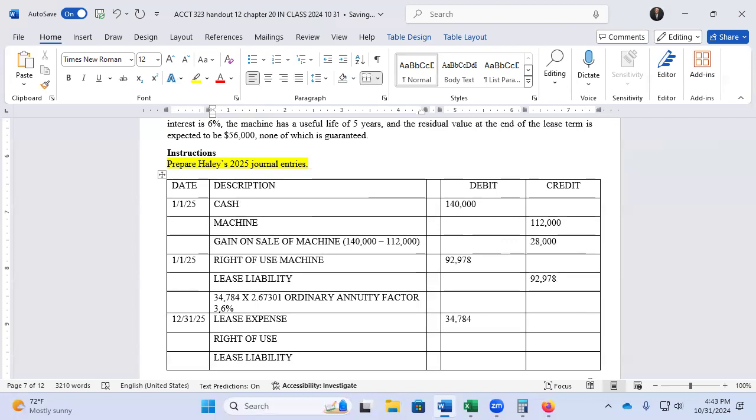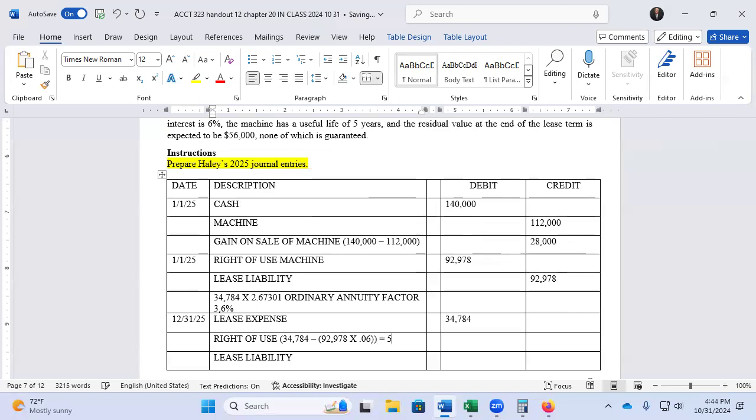The right of use amount is going to be 34,784, the payment amount, minus, and we have to calculate what our 6% is. So 92,978. And this one, we don't have to worry about making the mistake of the payment being annuity due. It's at the end of the year. So we can multiply it times 0.06 and we don't have to subtract the payment amount.